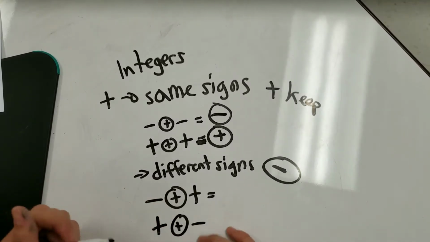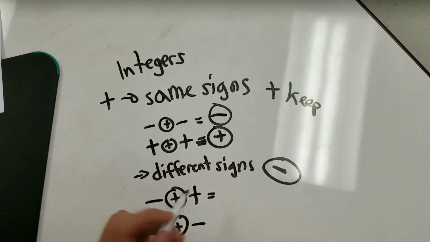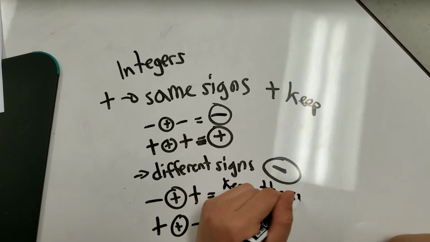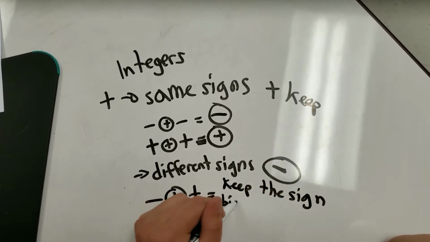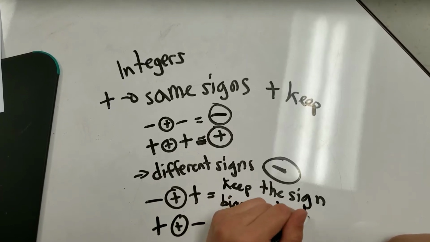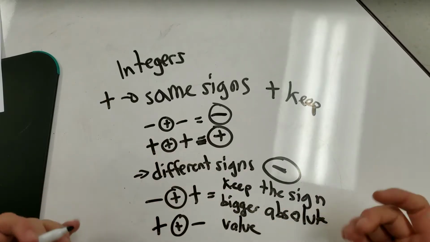If they're different signs, you would subtract them. So how do you know which sign to keep? You'd keep the sign of the bigger absolute value, and then you'll get the correct answer.